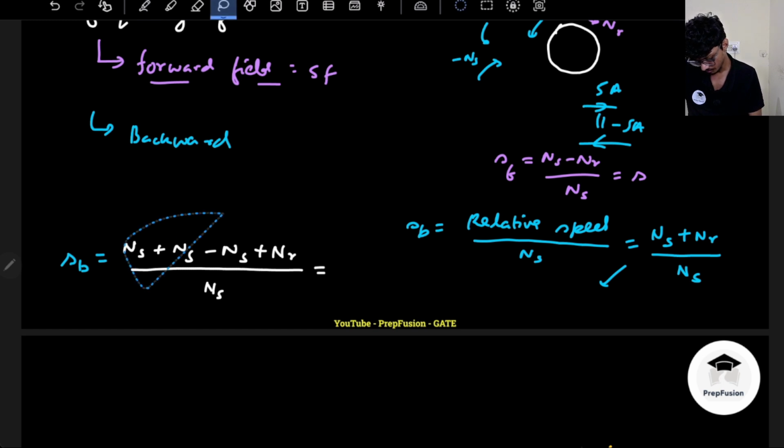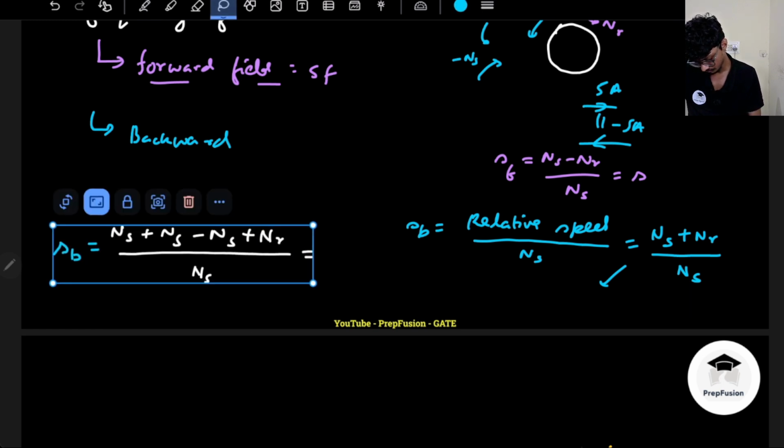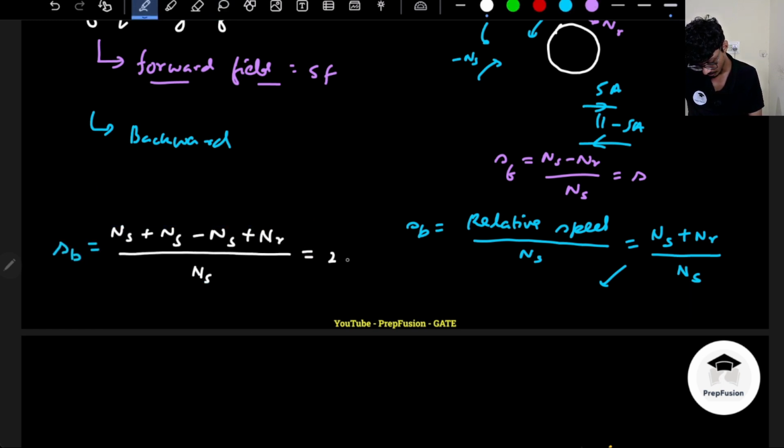This will be 2, because this is 2ns, and this is minus. If I take the minus common, it is the same as ns minus nr by ns. I want to get back to my slip, so this will be 2 minus s.